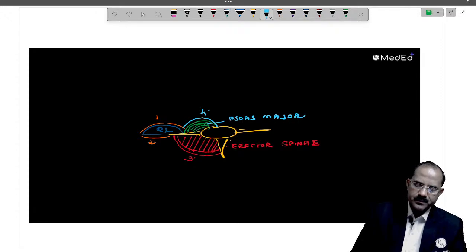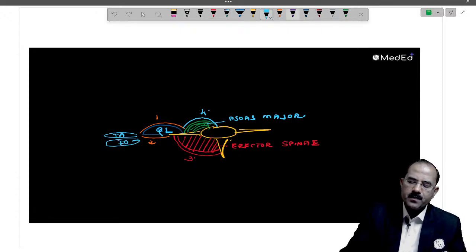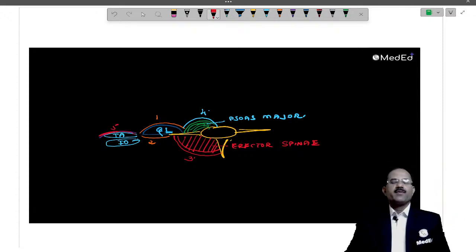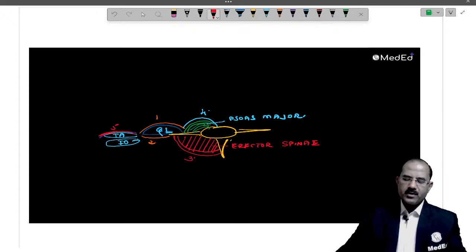Then you get two muscles here: this is the transverse abdominis, and that is the internal oblique. The fascia which covers the transverse abdominis, make this number 5, is the fascia transversalis.